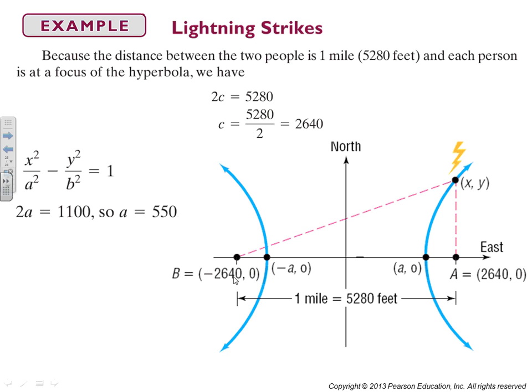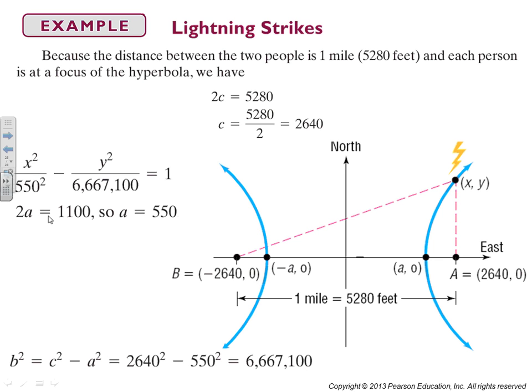We can see that from our graph pretty easily. And b squared equals c squared minus a squared. So b squared is 6,667,100. So we plug in a and square it, and we plug in b squared, and we have the equation.